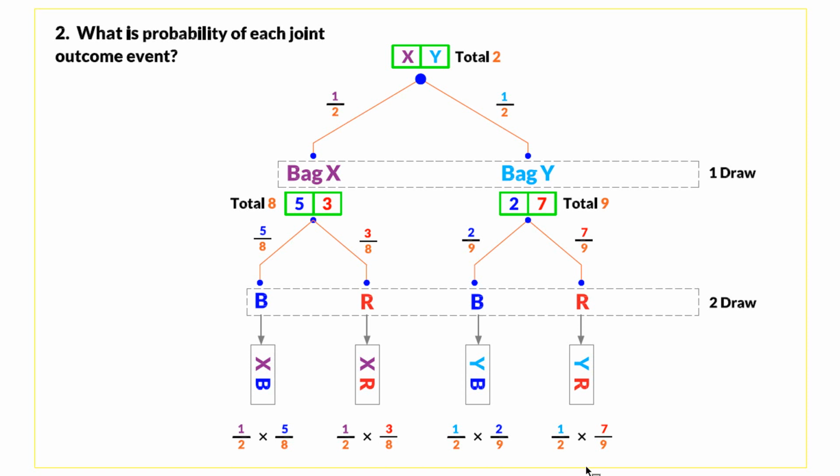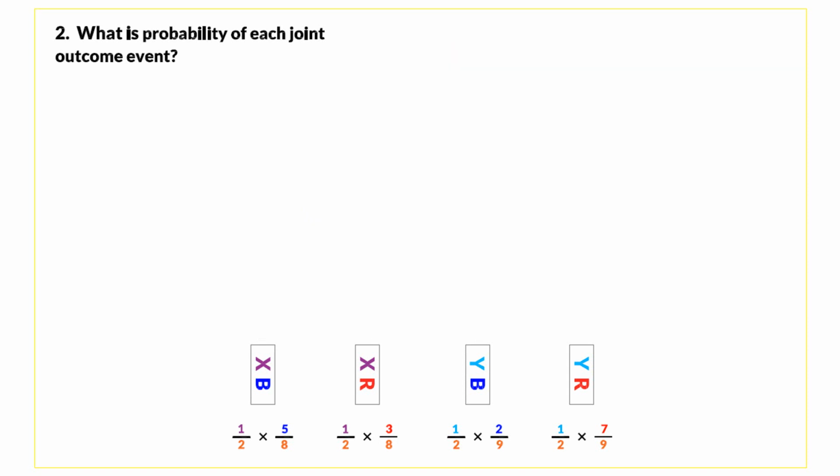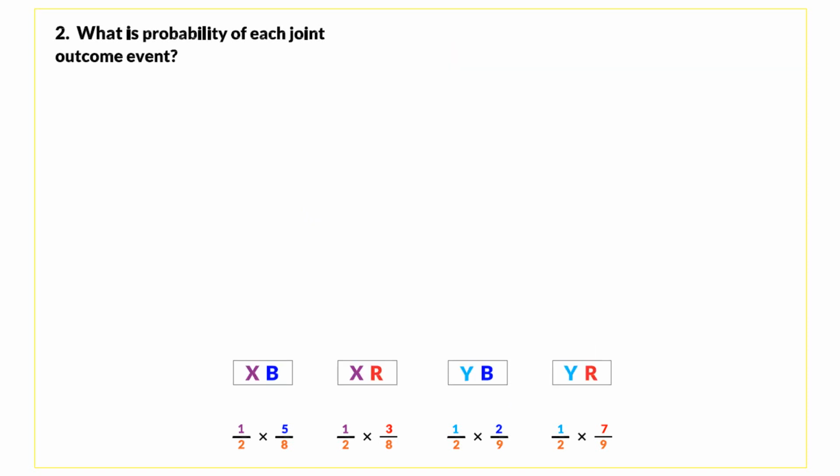And now we have the probabilities of all joint outcome events. Now let us isolate these events, turn them around, and give each event its proper name. So this event is first X and second blue. And this event here is first Y and second blue, and so on.